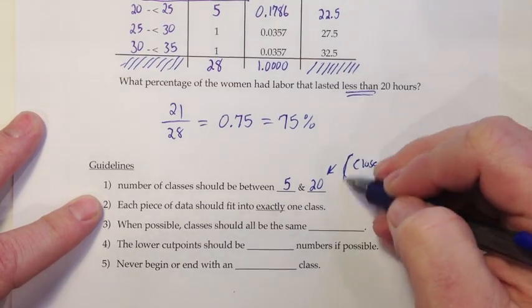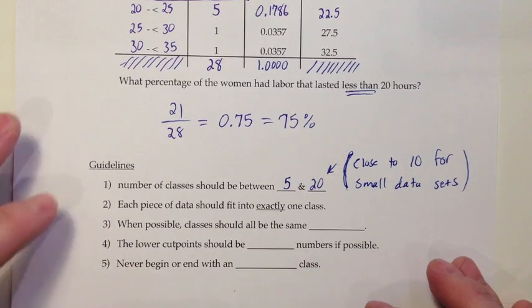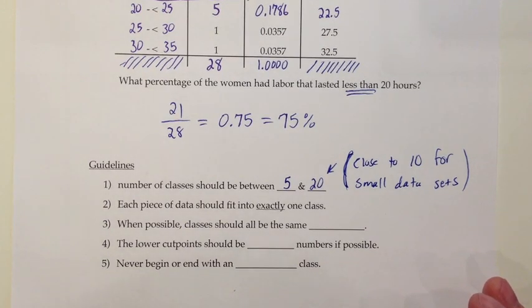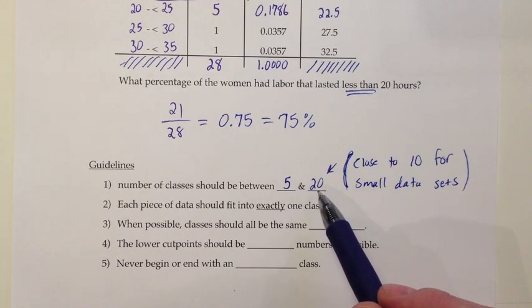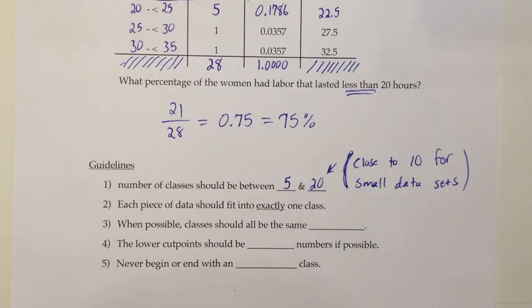If it was a large data set, say instead of 28 women like we had in this problem, it was 280 or 2,800 women, then to spread that out over 20 classes is still condensing it down to quite a lot less for someone to look at. But if you start out with 28 women and you have 20 classes, you're really not making that easier for people to process. So for small data sets like we have in most of the homework, we usually like to do between 5 and 10 classes. But real life data often is a large data set, and then more classes would be reasonable.